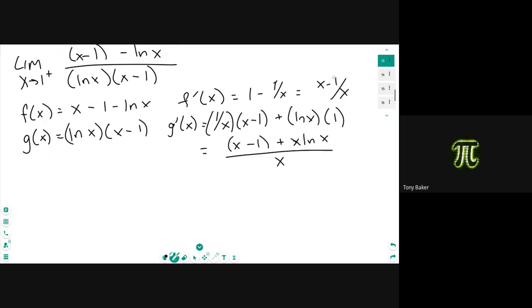When we're looking at this one where I've already cleaned it up, you'll notice they're both divided by x. Those are going to cancel each other out. So you get directly back to x minus 1 over x minus 1 plus x ln of x. However, the problem still is I'm still going to get 0 over 0. So I still have to do another L'Hopital's rule.